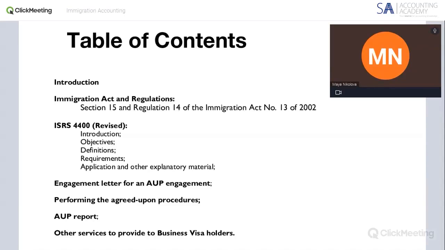And we will start off with the Immigration Act and regulations, which we should all know and be able to interpret for the purposes of issuing engagements, making engagements and issuing the relevant reports for business visa purposes.